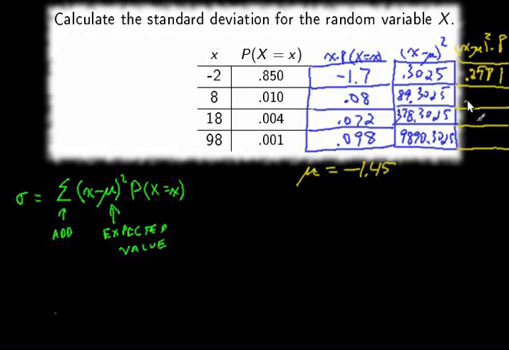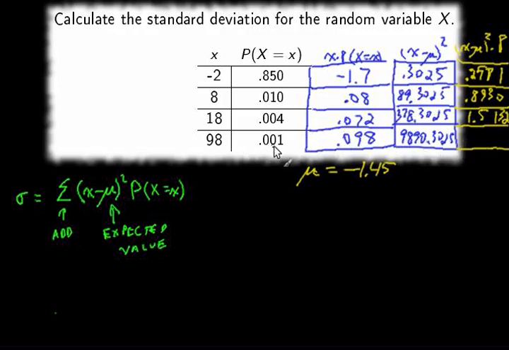So we have 0.8930. 0.004 times 378.3025 is 1.5132. Then 0.001 times 9890.3025.